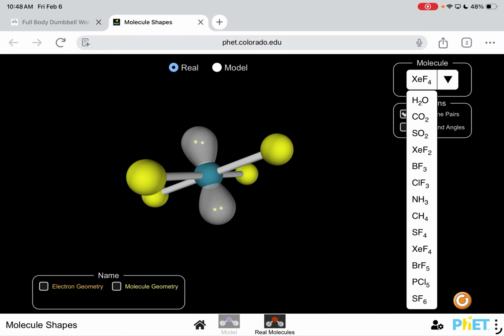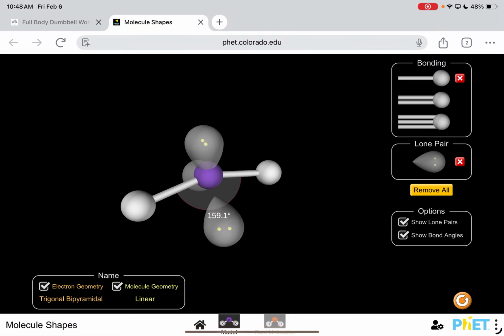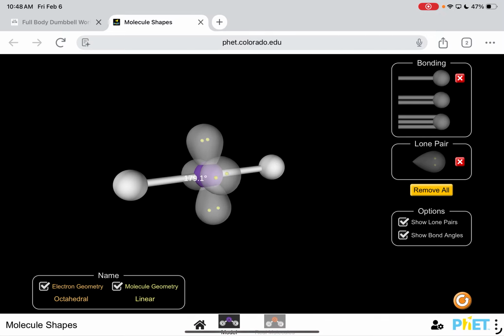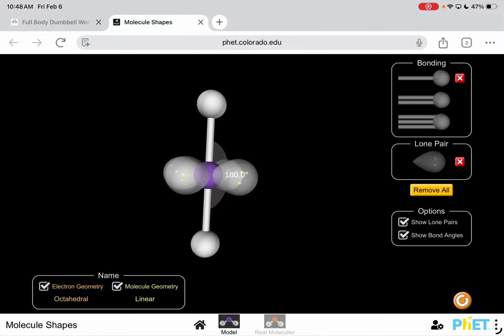And then the last example is actually also linear. Of course, they don't have one here, so I'll have to click back over here. And it looks like this. It's just got 4 electrons in that plane and then the 2 atoms directly across. Okay?